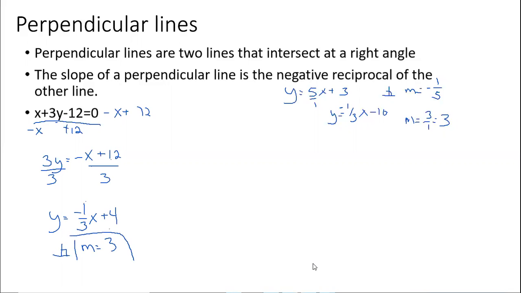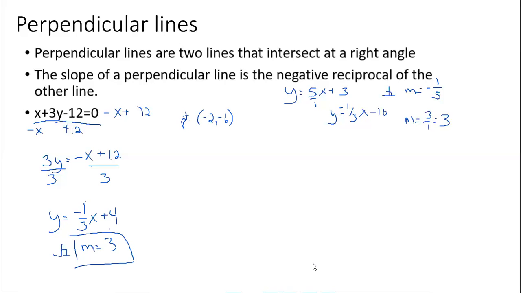So this is the slope of any line that's perpendicular to this line. And we want it to go through the point -2, -6. Just double checking that, -2, -6.